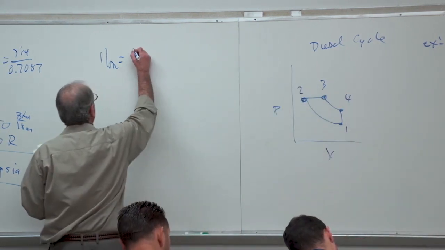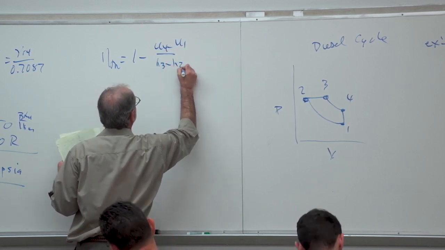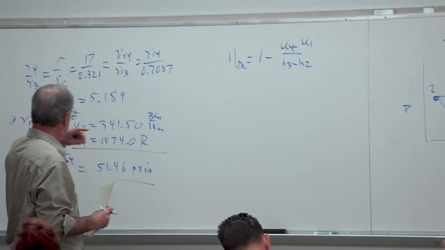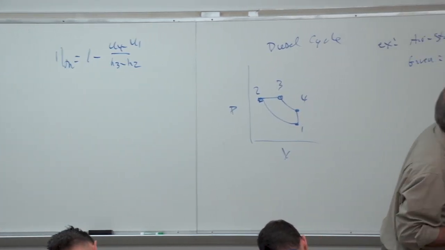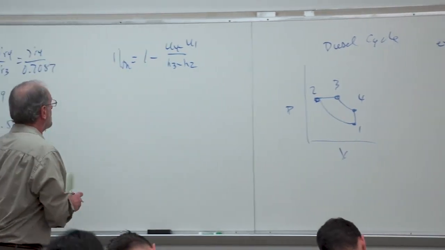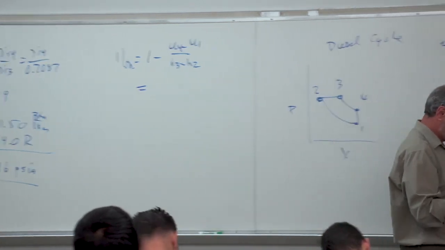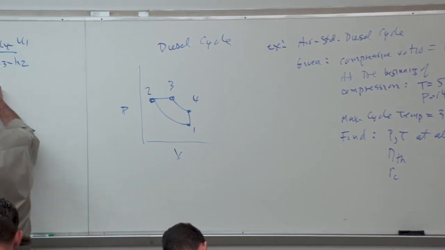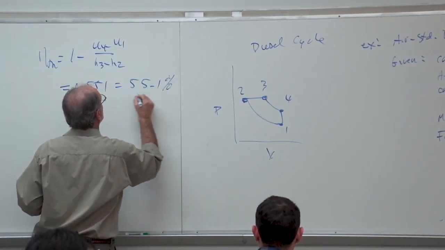So this would just be 1 minus U4 minus U1 over H3 minus H2. Okay, again, we're not using constant specific heat, so we're just going to leave it in this form. I have U4, I have U1, I have H2. I should have H3. Yep, there it is. So again, I'm not going to bother to plug in the numbers. If you plug in the numbers and go through the mathematics, you would end up with 0.551 or 55.1%.